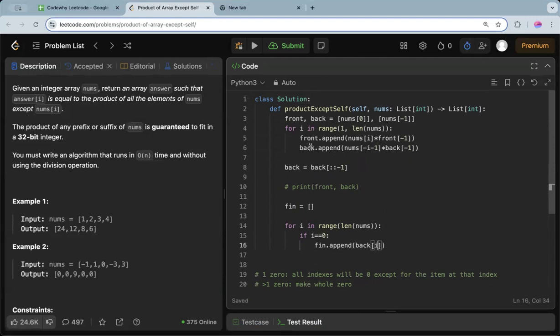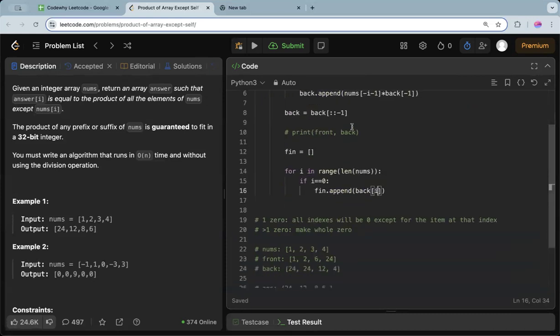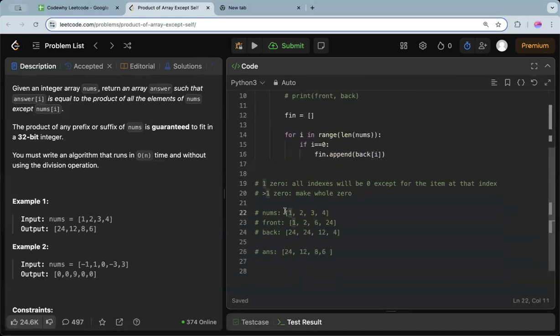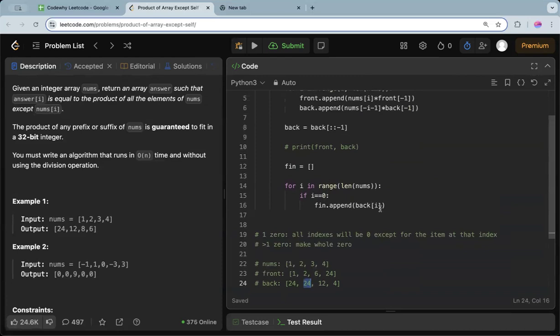If i is equal to 0, we will be looking at the product of what came before it and the product of what came after it. Before there's nothing, after there's this item. So it'll be back[i + 1].